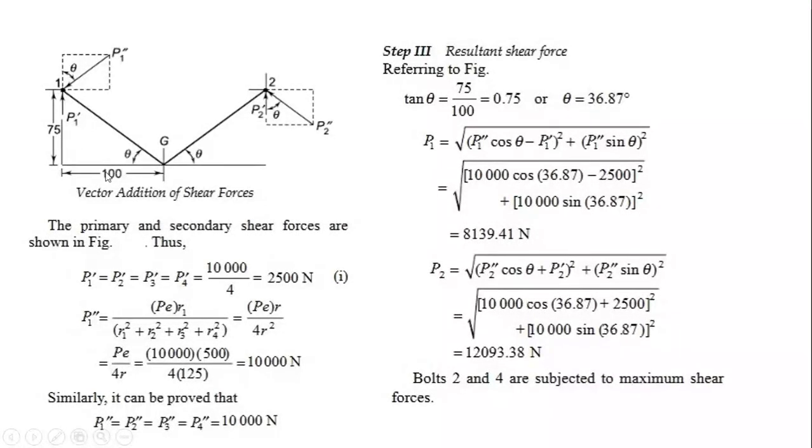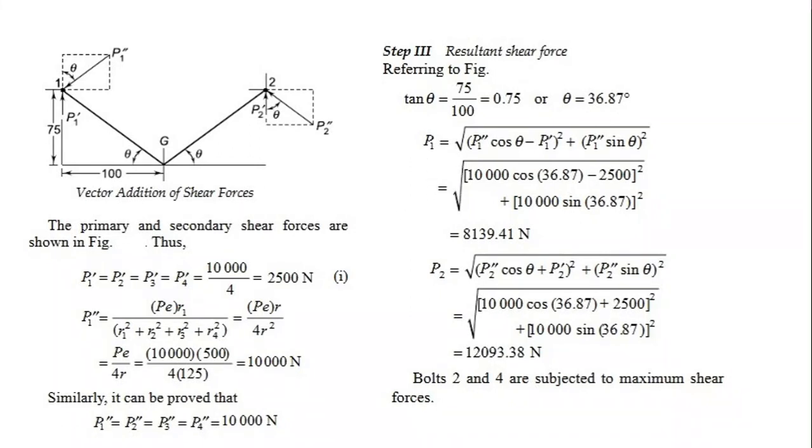This is the opposite, this is the adjacent. The opposite side value is 75, the adjacent side value is 100. So we get 0.75, and resolving this equation, we get the theta value as 36.87 degree.